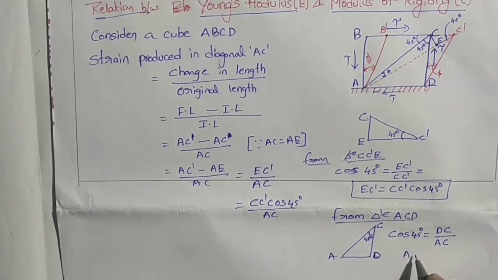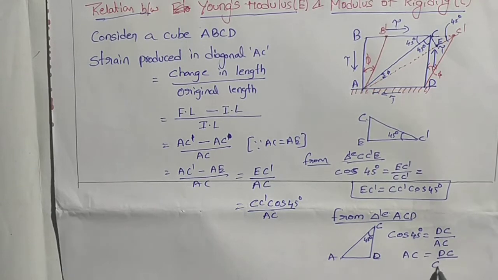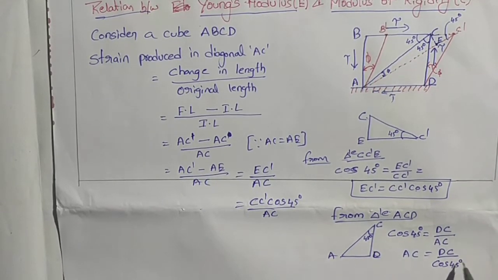Converting this equation in terms of AC, AC equals DC by cos 45 degrees.